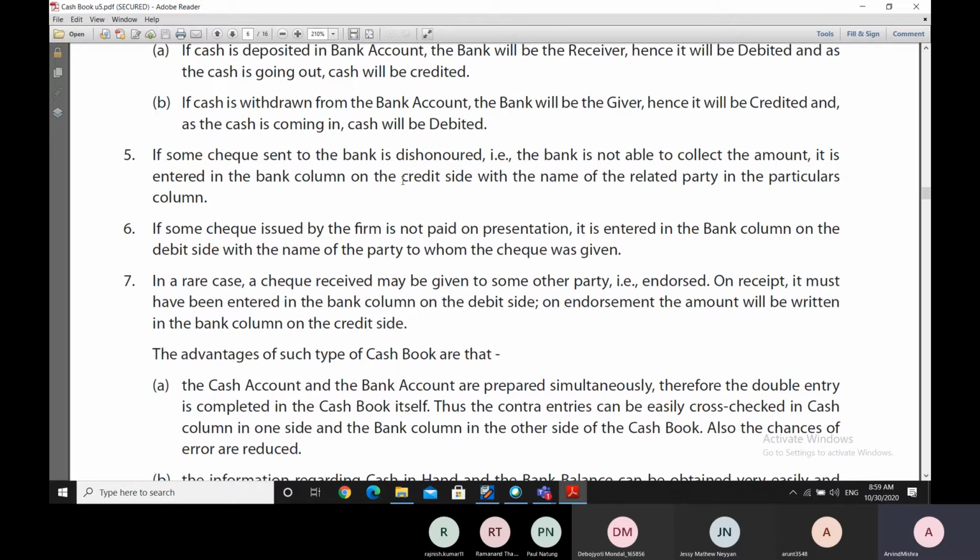Please remember that earlier we had made an entry for receipt of cash in the cash column by check. Now we have made a payment of the cash on the payment side, and then we make a contra entry for receipt of that cash into the bank column on the receipt side, which is the debit side, and write C over there.